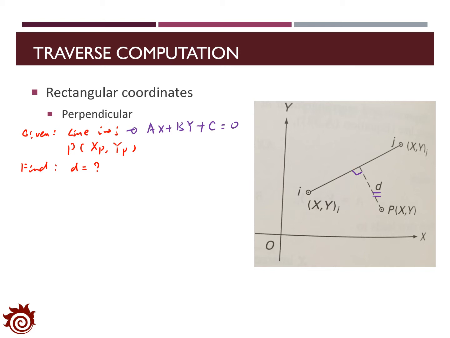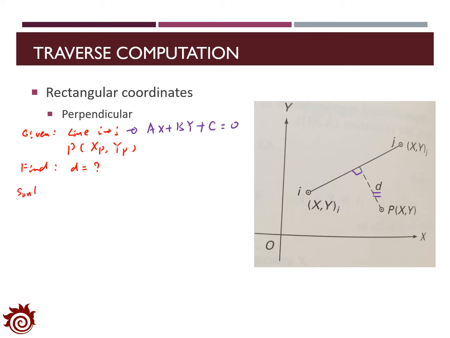The calculation about the value of d is very complicated, so here I will just show you the equation for you to calculate the value of d from one point to a line.